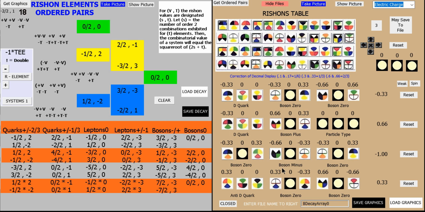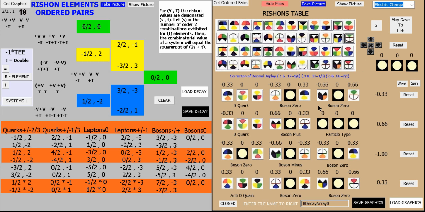Let's now investigate the quantum of the decay of the B quark. We will investigate the electric charge, the spin, and the weak charge first.